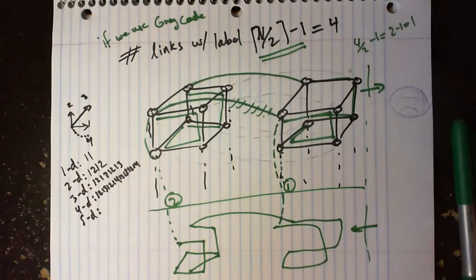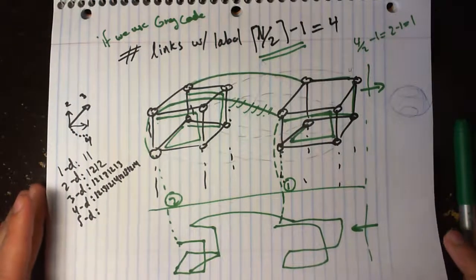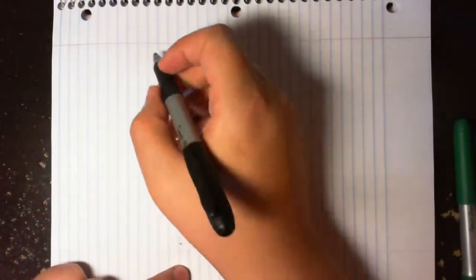Alright, so let's do a full example here in this case. So we're going to label an entire cube using the gray code.